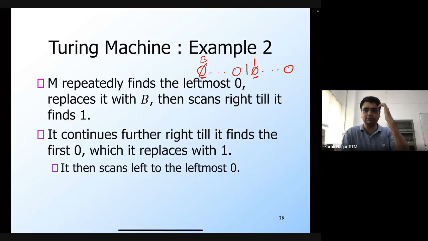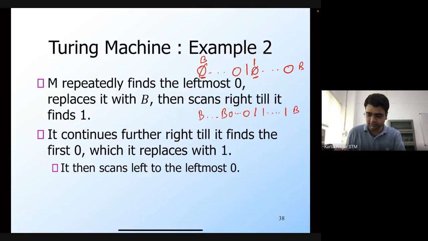and then it scans to the left to again find the leftmost 0. After a number of steps like this, you will reach a configuration where you have a number of blanks, which are the zeros to the left of 1 that were converted to blank, and then you may have some zeros which are still left, and then a 1, and then some number of 1s, and then a blank, which was originally here as well.